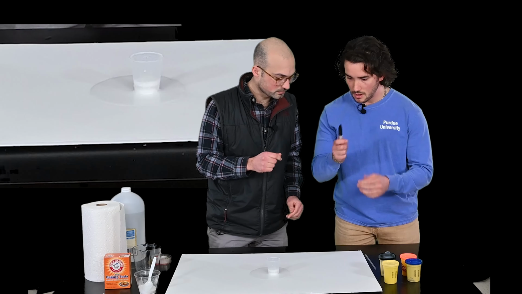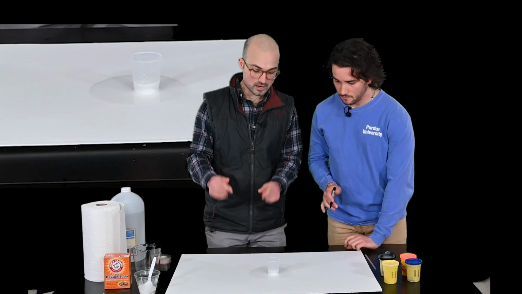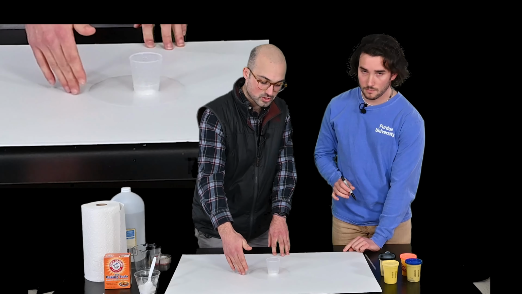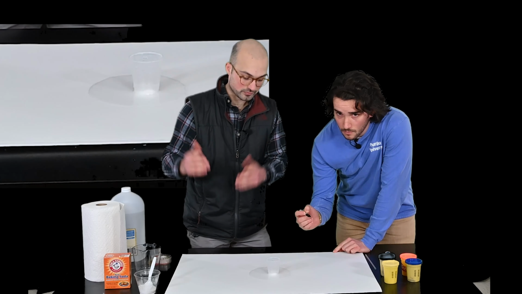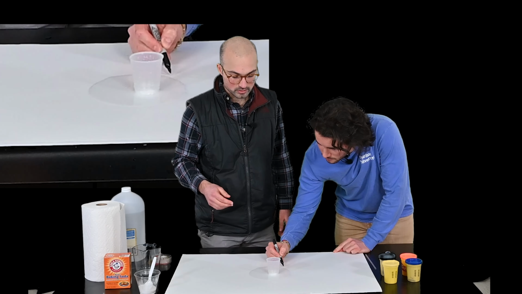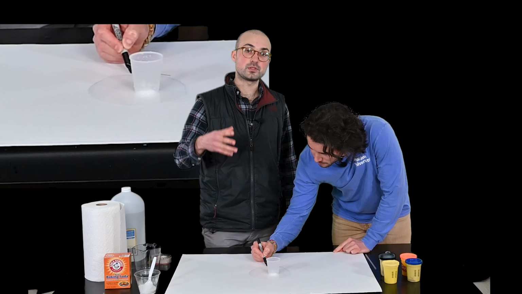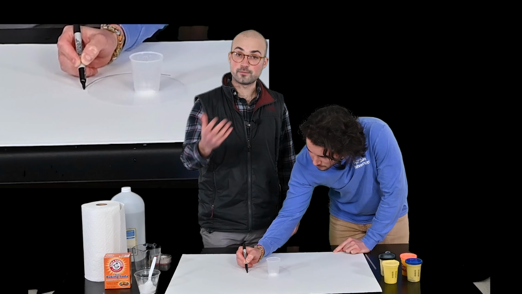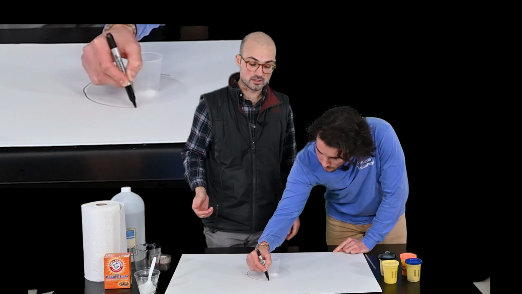Do you have the marker? Yes. So before we actually clean it up, we want to mark out the edge of the lava flow. So we're going to take a marker, and it doesn't have to be precise, but it gives you a general sense of how far that lava flowed from the point of eruption.